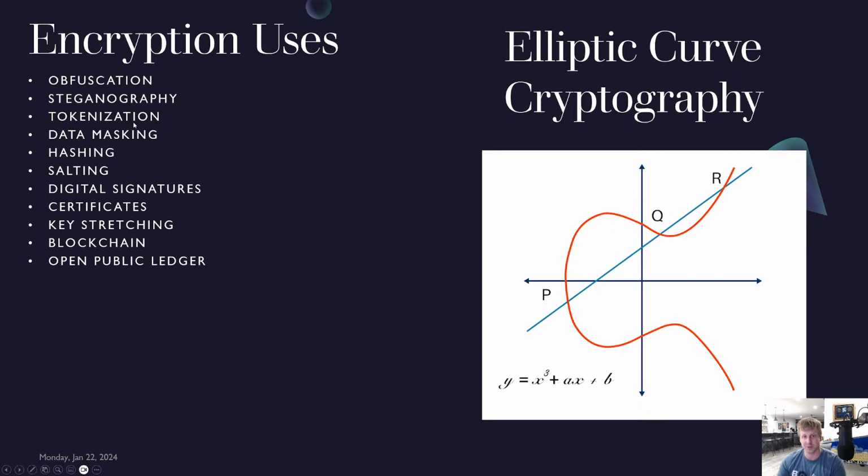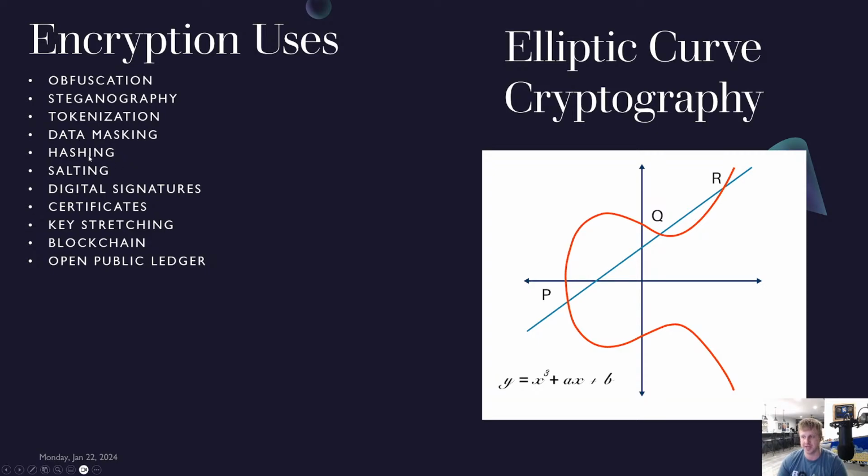So it is reversible, but unless you have both parts of the token, you don't know what it is. Data masking is essentially when you look at your credit cards and you punch it in a web browser and then it only shows you the last 4 digits and everything else is asterisks. That's data masking. It's masking the first part of that card number.